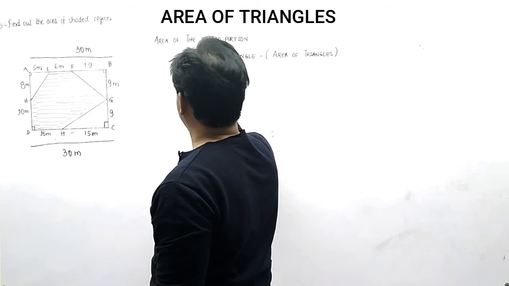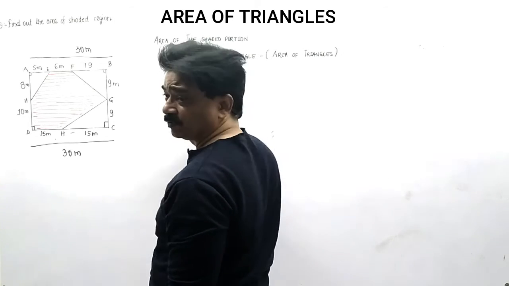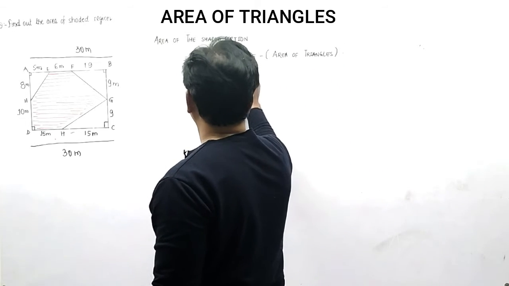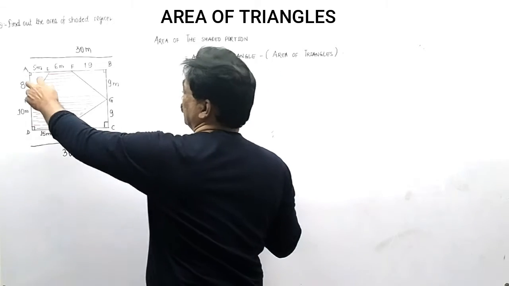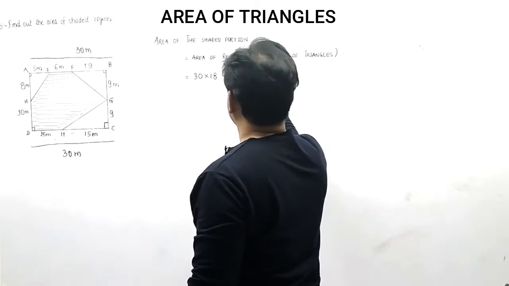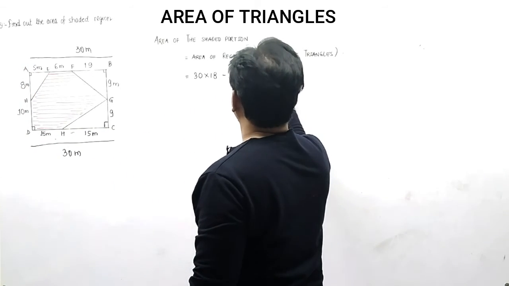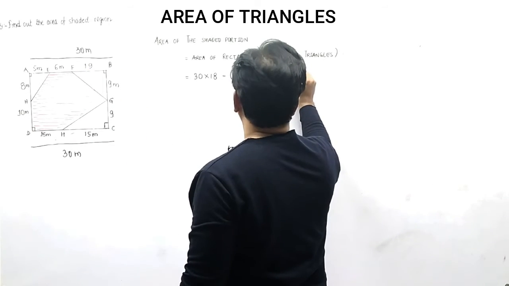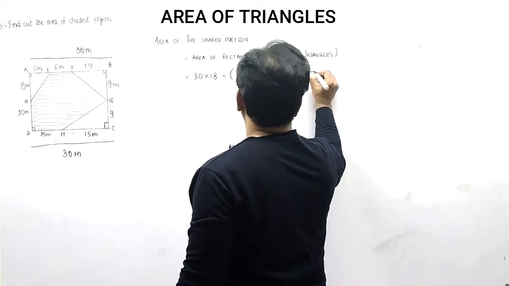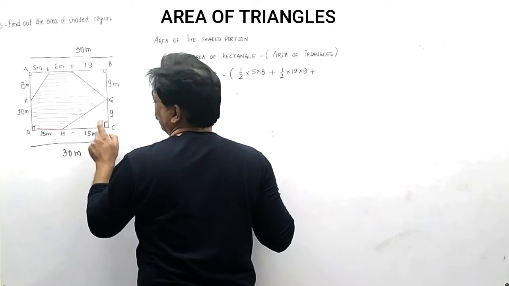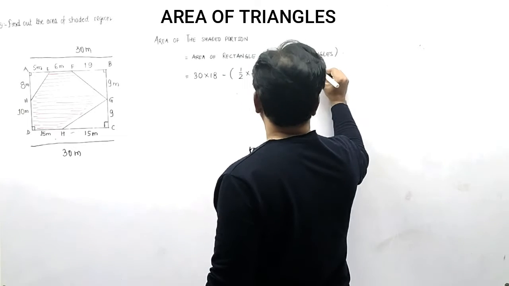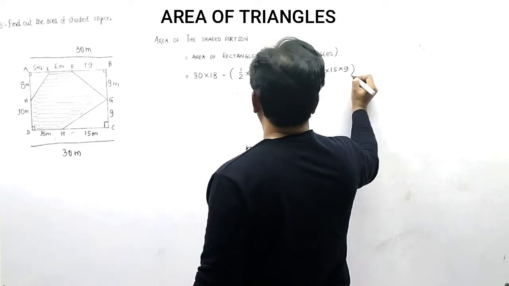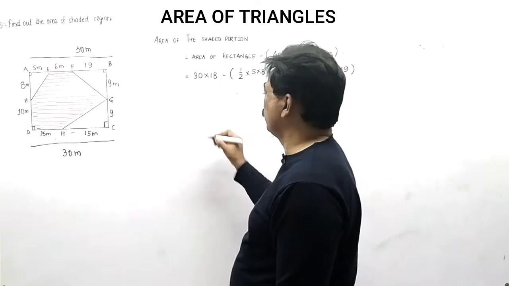Minus half for this triangle, 5 into 8, plus for this triangle half of 19 into 9, plus for this triangle half of 15 into 9, and I subtract.